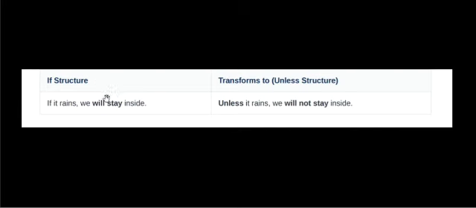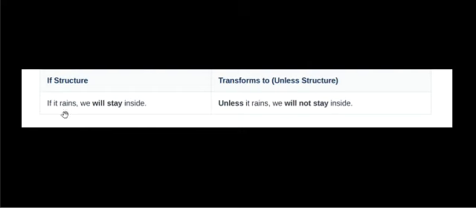So in this sentence, let us identify the positive part or the negative part. Here it is having "will stay". "Will stay" is the positive part in this sentence, and it is the other part of the sentence after the comma. So this one is supposed to be changed to be negative.